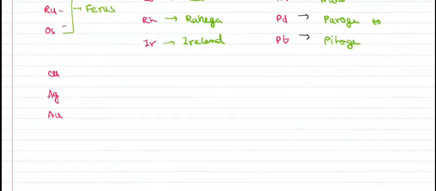In copper, silver and gold what we can do is Cu is con, Ag is आगे, Au is आएगा. कौन आगे आएगा for Cu, Ag, Au, copper, silver and gold.